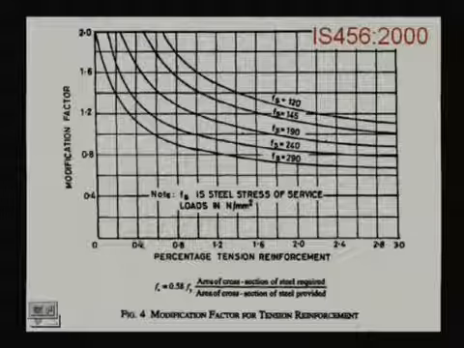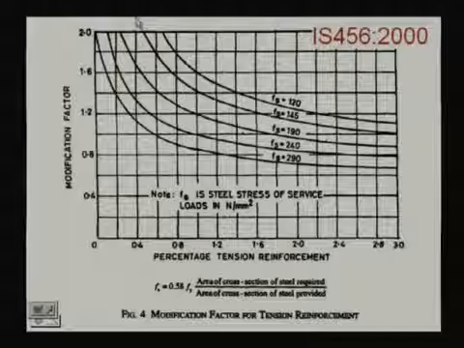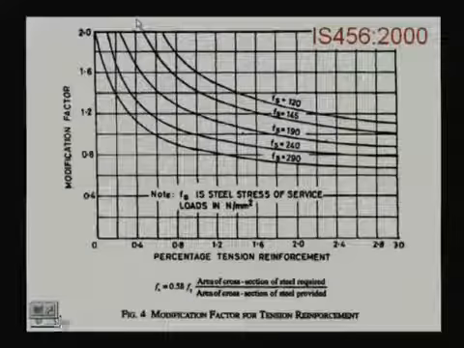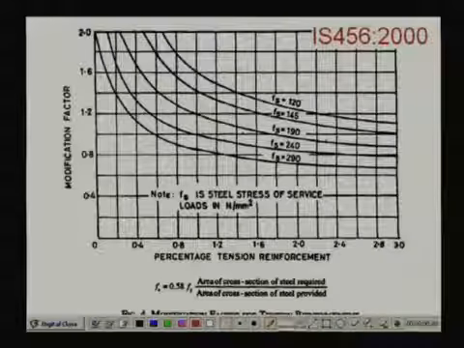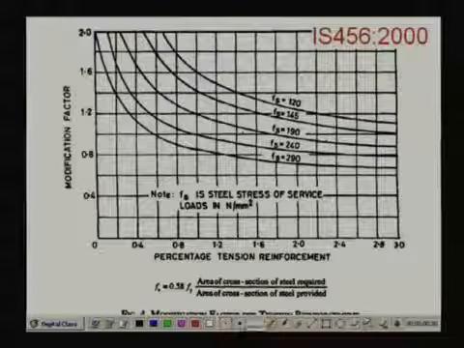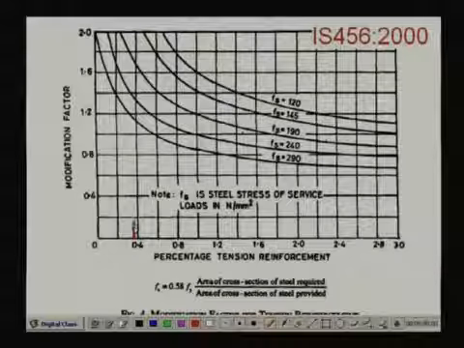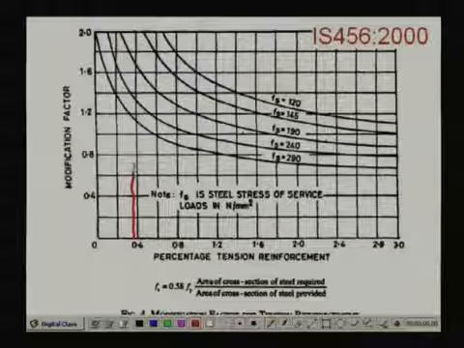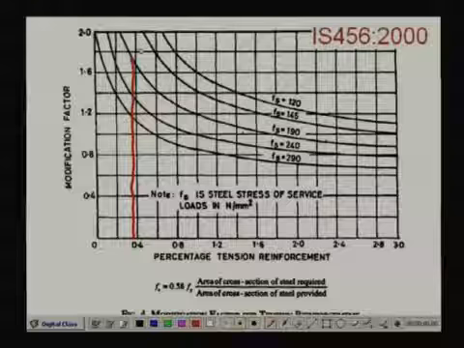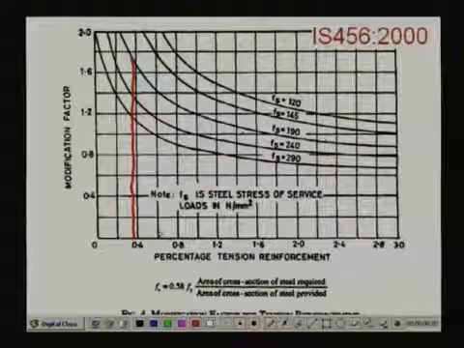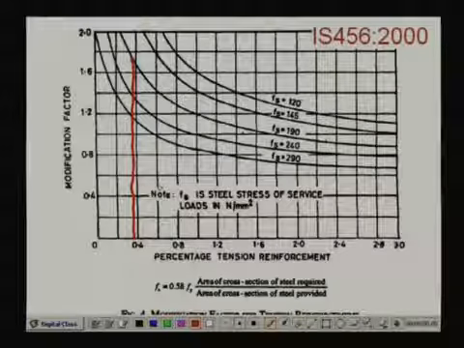So 0.373 means it will be somewhere here. And what is the value? 218.